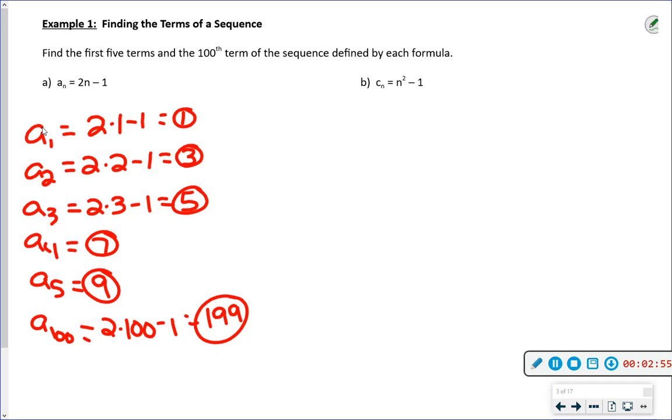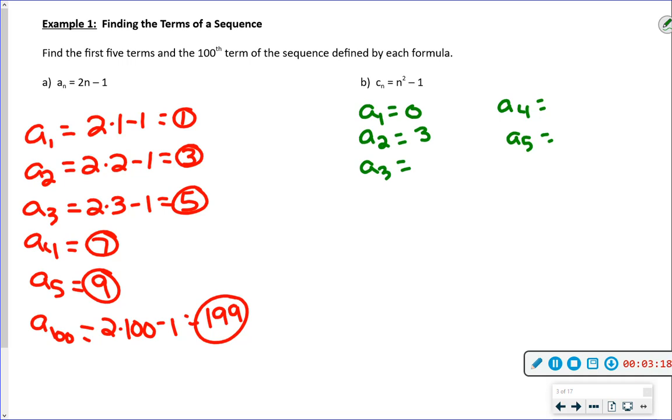Okay, let's do another. They want the first 5. All right, let's mental math it. What's 1 squared minus 1? 2 squared minus 1. 3 squared minus 1.